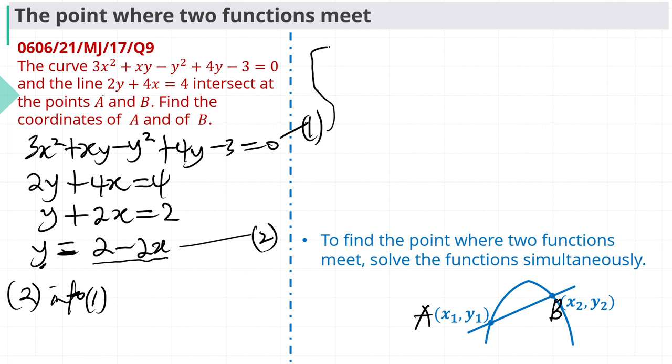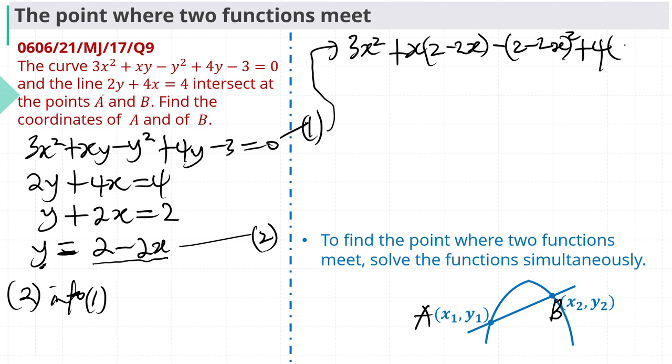So equation 1 becomes 3s² + s(2 − 2s) − (2 − 2s)² + 4(2 − 2s) − 3 = 0.